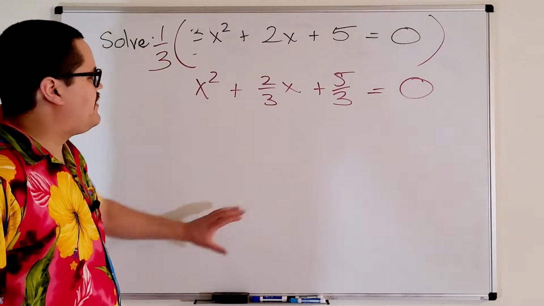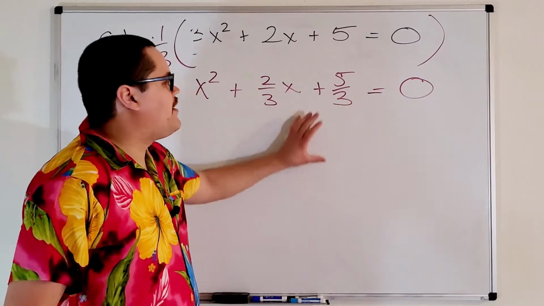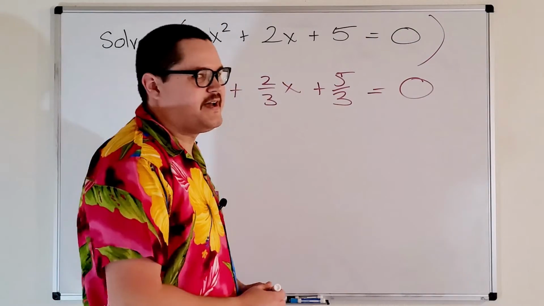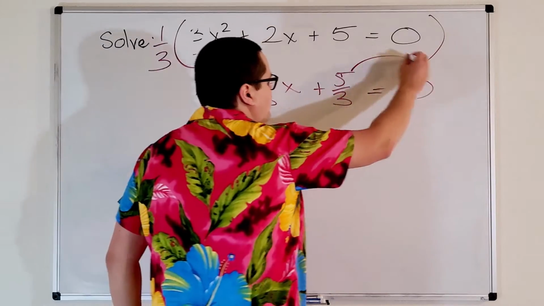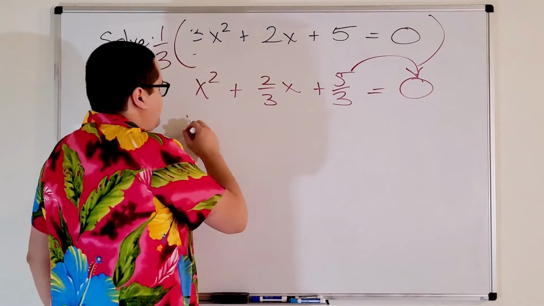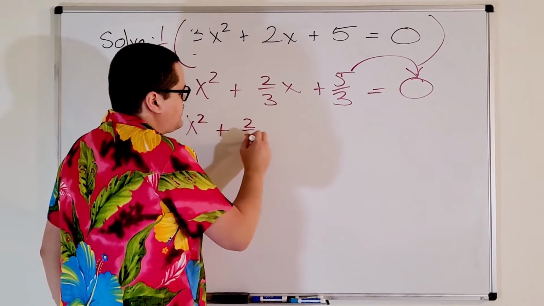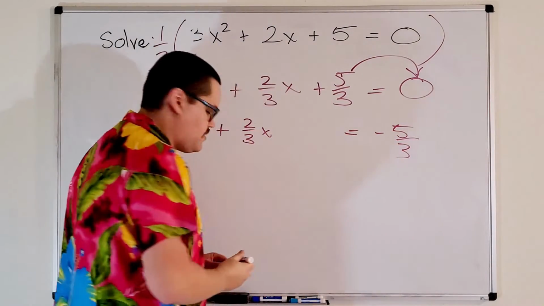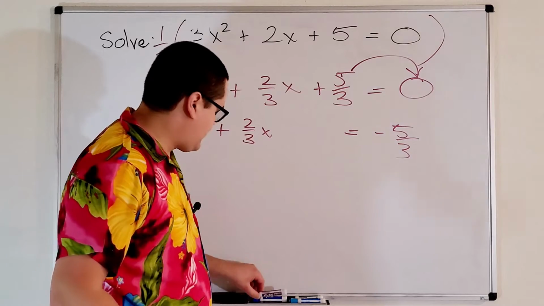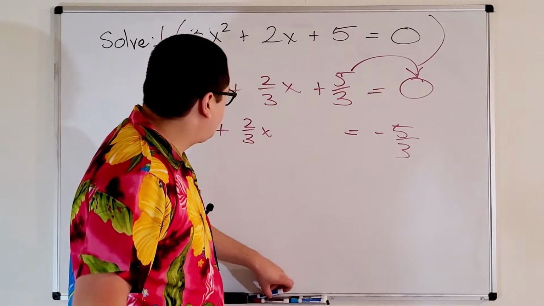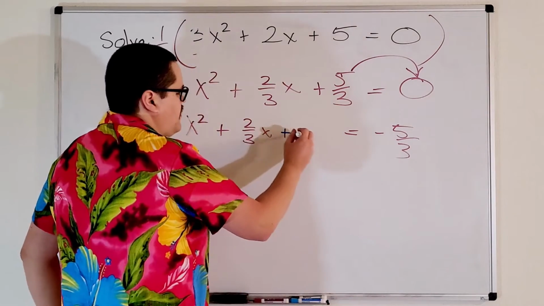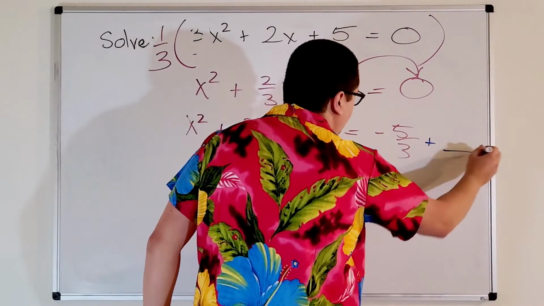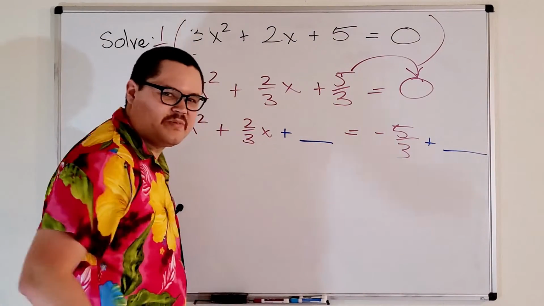Next up, we take this constant term, we move it to the right-hand side and flip the sign. So x squared plus 2/3 x is negative 5/3. Don't forget to add a plus blank. So what do we put in this blank?